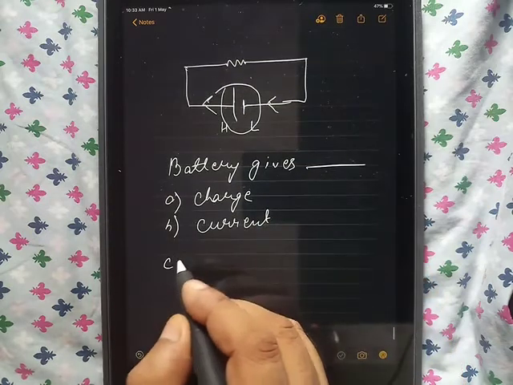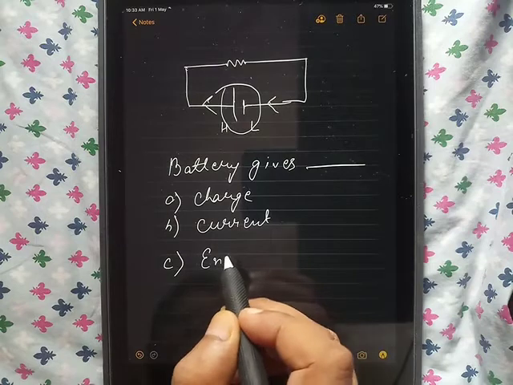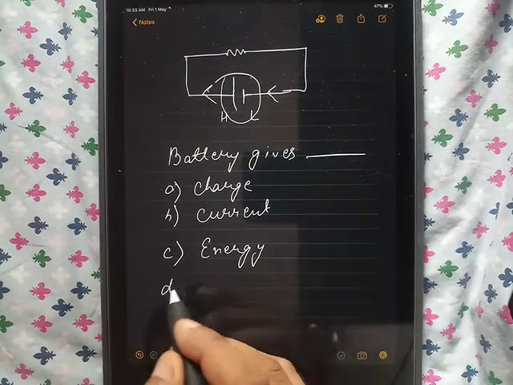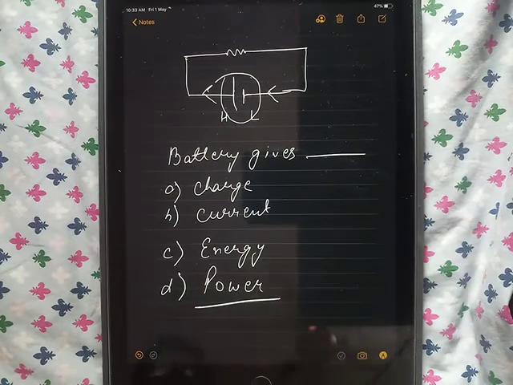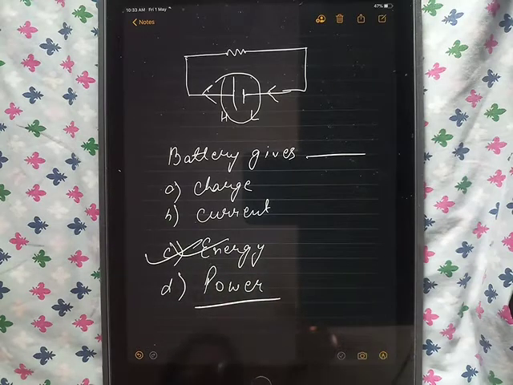Point C, energy. Point D, power. What does it give? So battery is a source of energy. Battery is a source of energy.